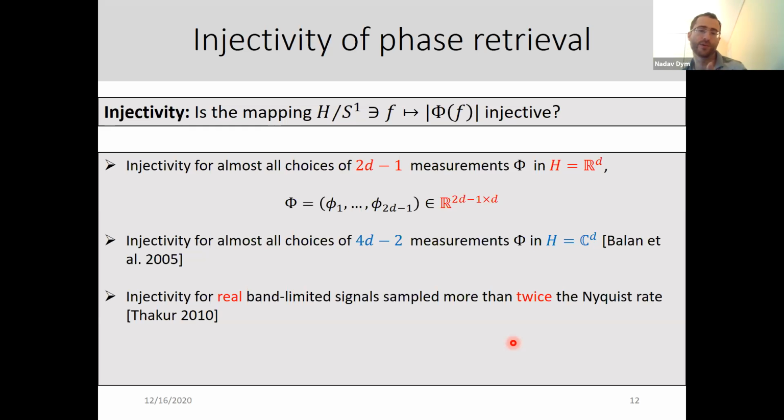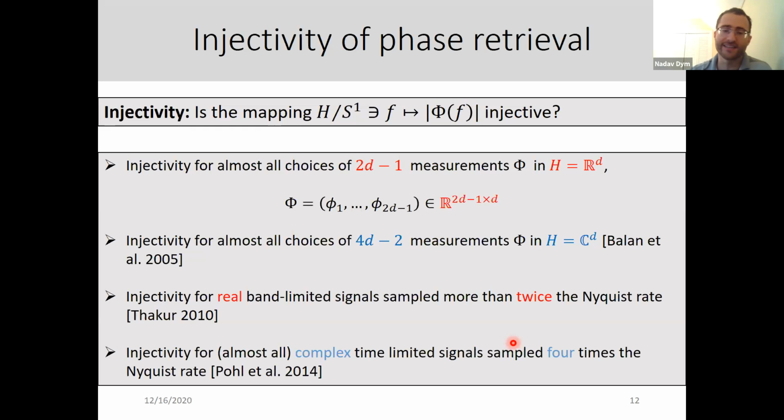Therefore, doing twice as much corresponds to doing 2D measurements in R^D. In the complex case, there are also similar results, although they're a little bit less clean because it's not for all signals, it's for almost all signals. In general, the picture is that we know injectivity can happen and often happens, but it does depend on the specific model, what the measurements are, and whether we manage to prove it yet or not.